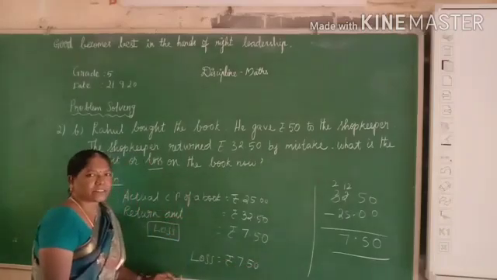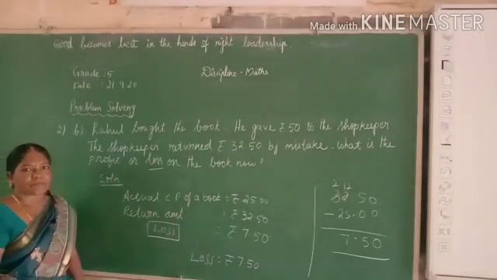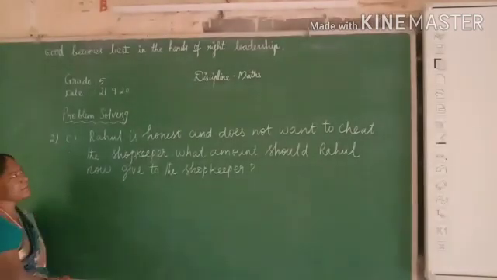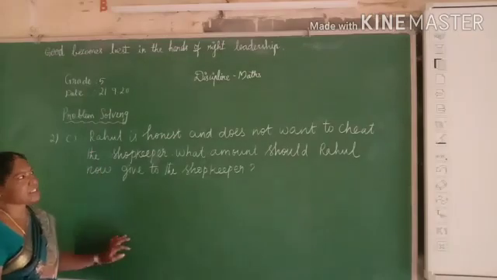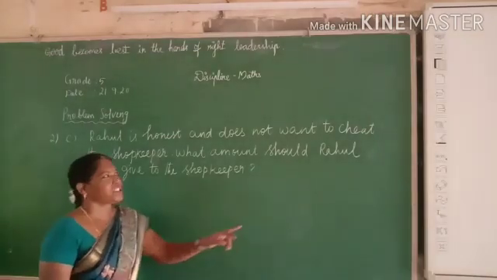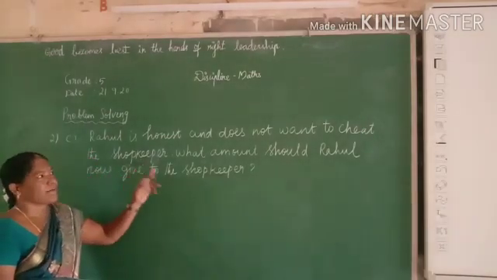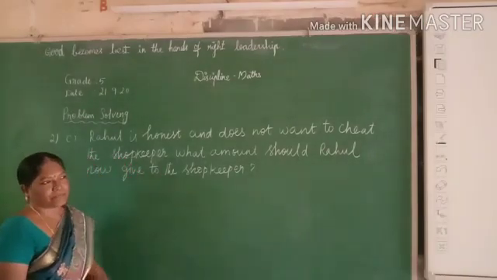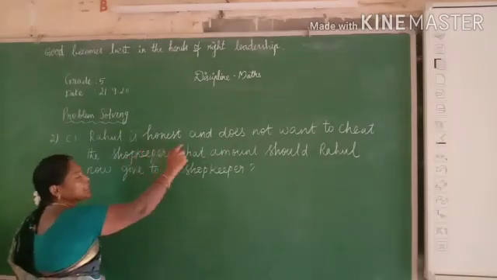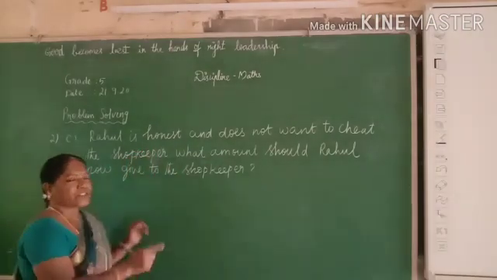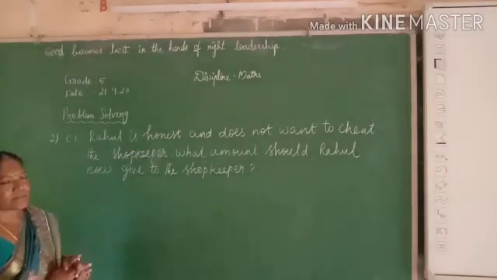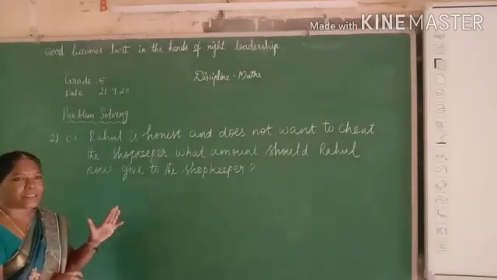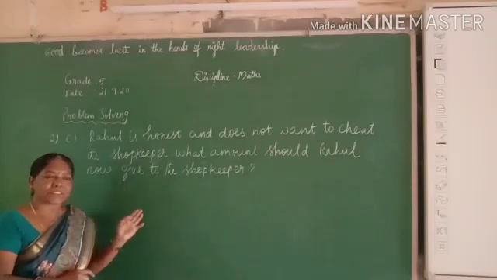Are you clear, children? Okay. So continue to the next question. Question C. Rahul is honest and does not want to cheat the shopkeeper. What amount should Rahul now give to the shopkeeper? So what was the amount found in the previous question?